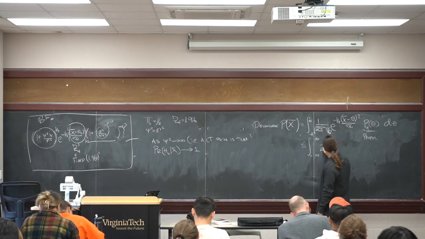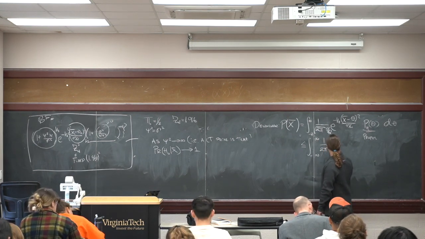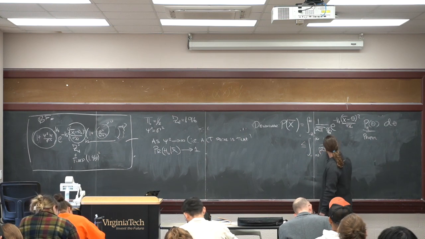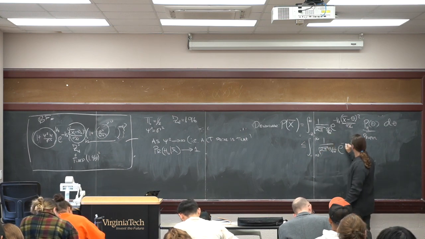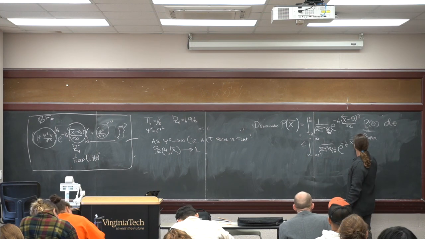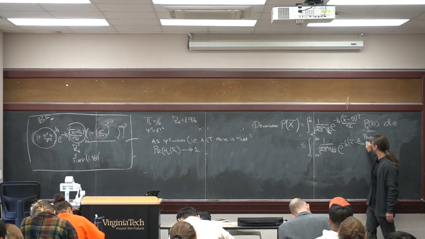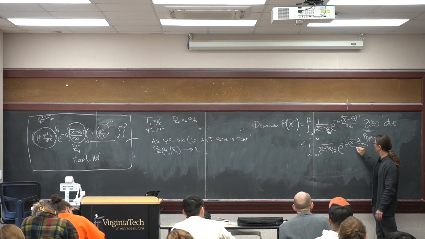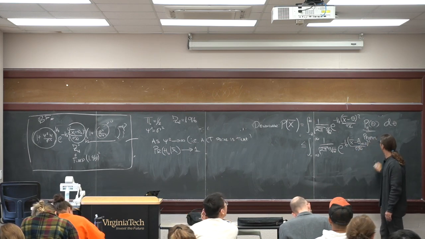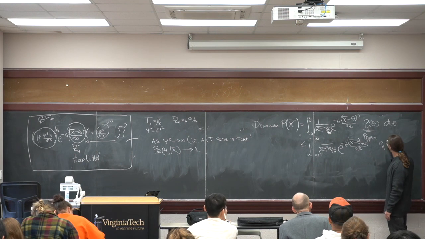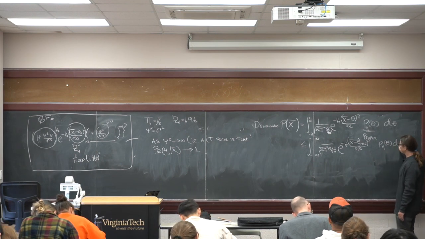1 over root 2 pi sigma over root n, e to the minus 1/2 of x bar minus theta hat, the maximum likelihood value, over sigma squared over n, times pi 1 of theta d theta.